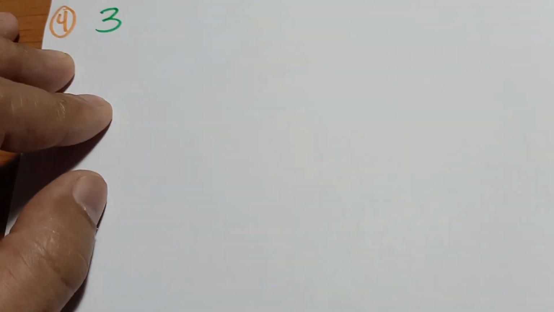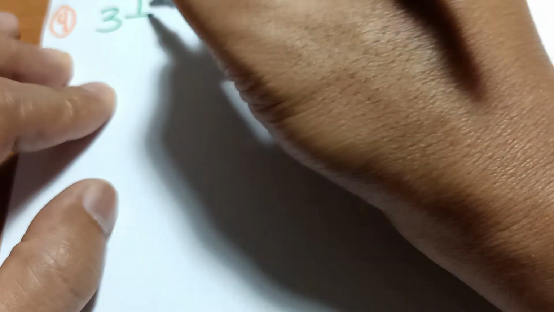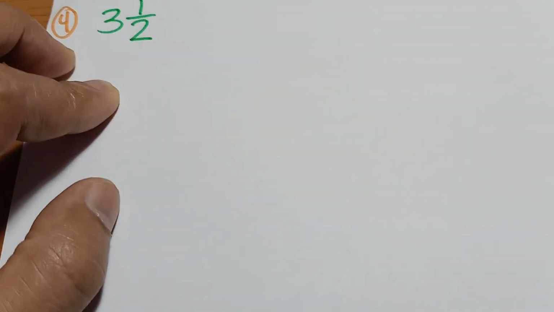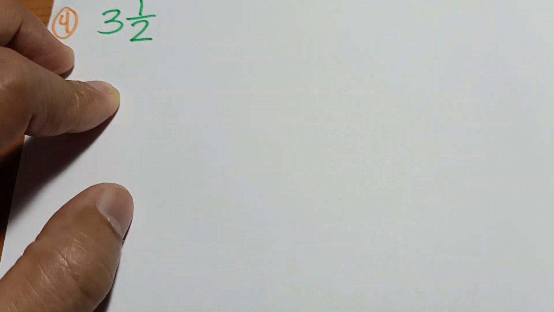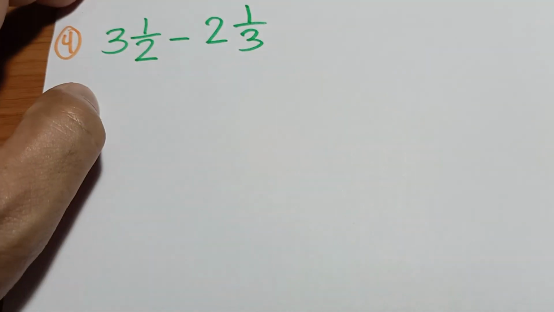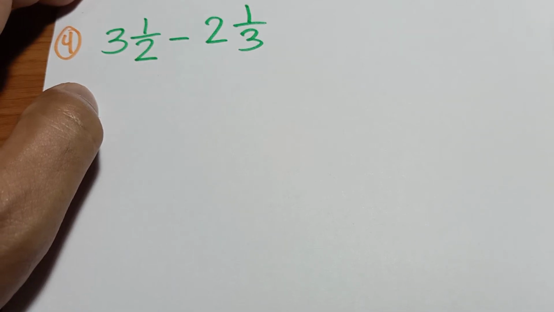Okay, so for the last example, number 4, I'm gonna change my pen. So for example, if you have 3 and 1/2 minus 2 and 1/3. Okay, so 3 and 1/2 minus 2 and 1/3.